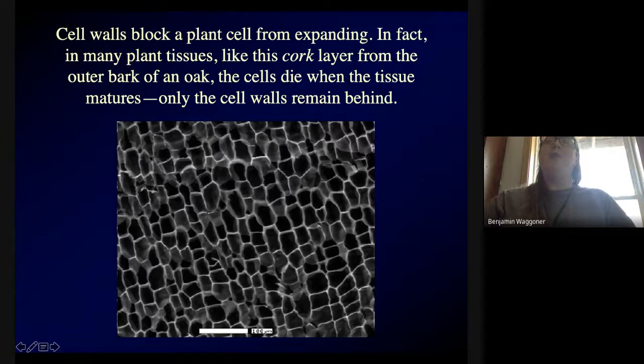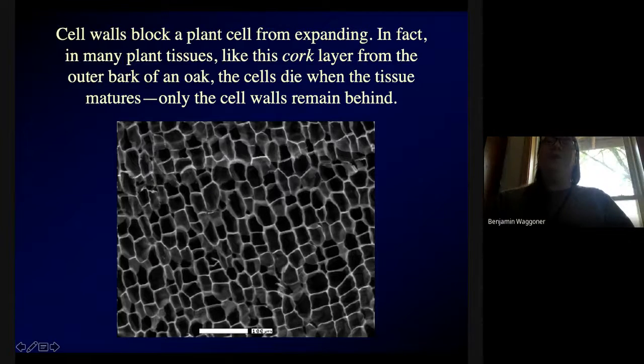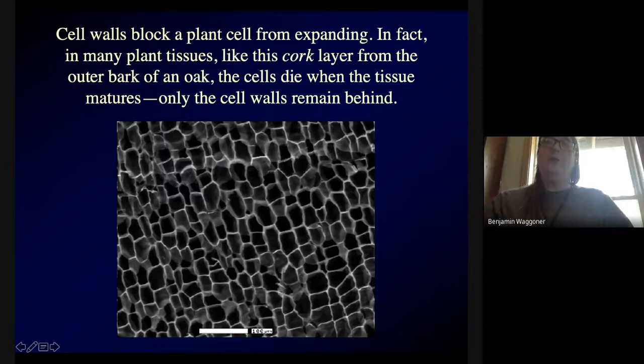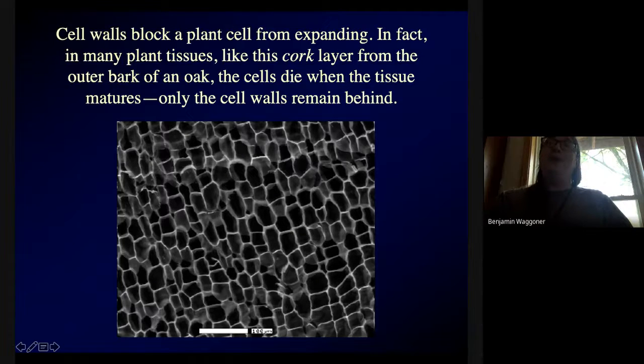This is from the outer bark of a particular species of oak tree called the cork oak, because that outer layer is made up of many layers of cells in which the cell is dead and only the cell wall is left behind. So you can see that in cross-section, this cork is just a bunch of empty cell walls, because the cell dies when the tissue matures.